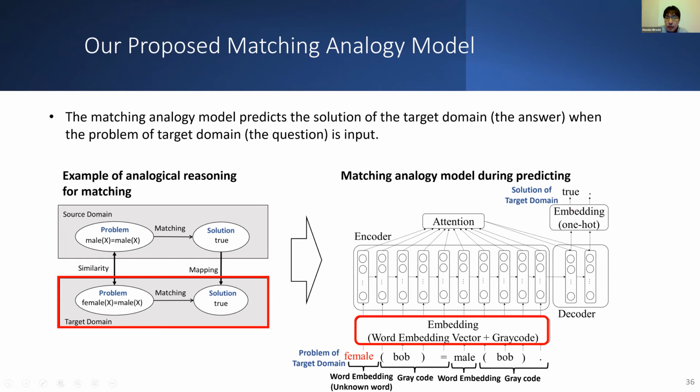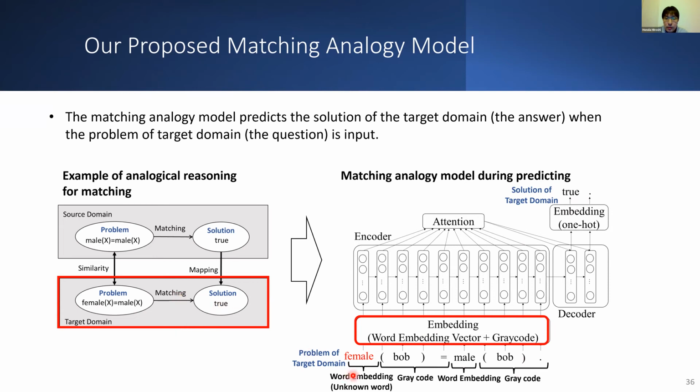The matching analogy model predicts the solution of the target domain when the problem of the target domain is input. This is an example of a matching analogy model during predicting. The problem of the target domain is the question. The solution of the target domain is the answer.